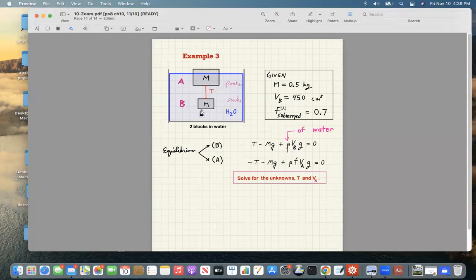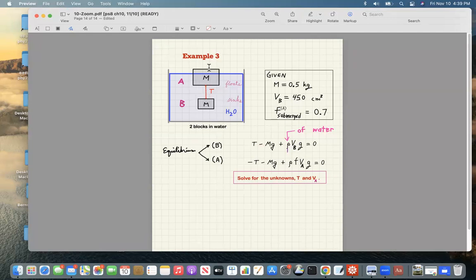This is in equilibrium. So the net force on A is 0. The net force on B is 0. That gives me two equations. The net force on A, well, let's do the net force on B first. It's the tension in the string pulling it up, because the string can only pull an object, it can't push an object.